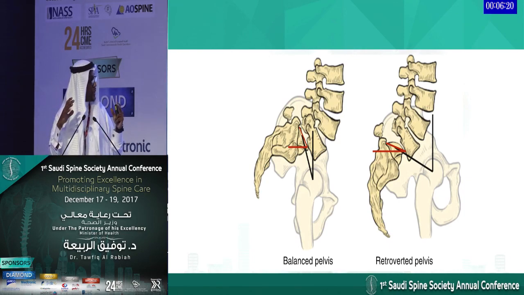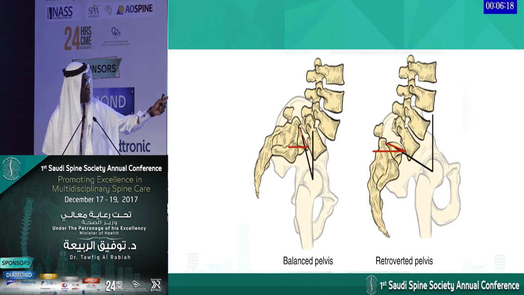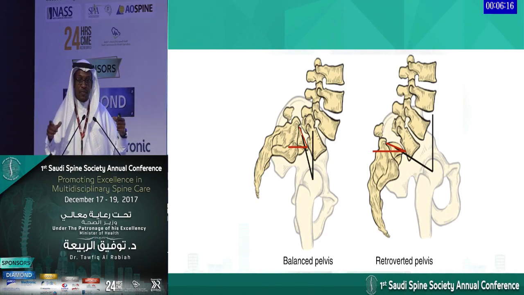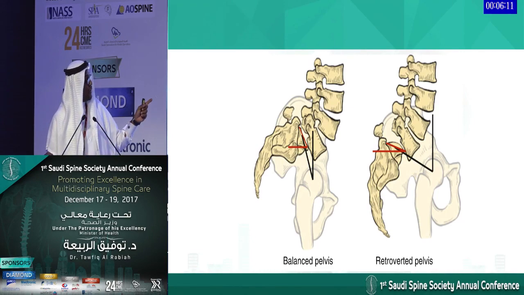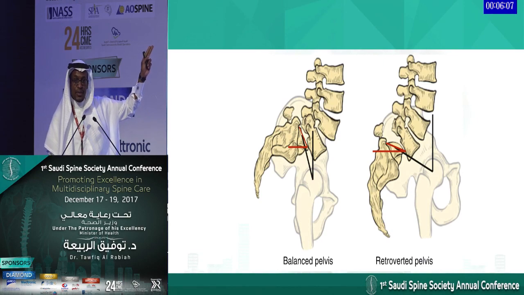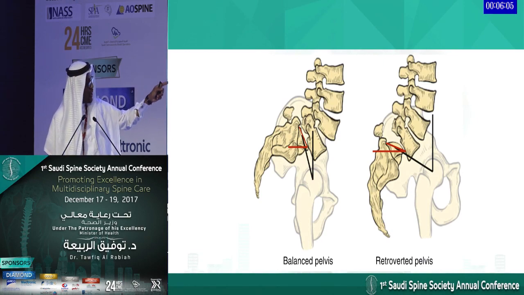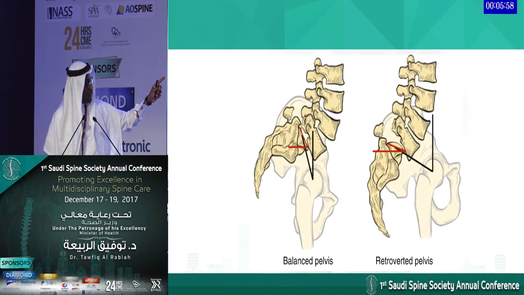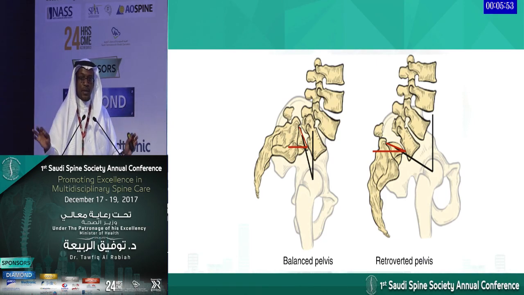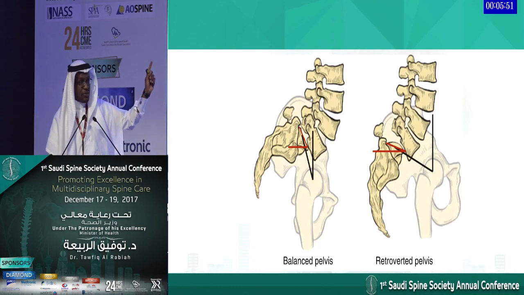Another type of patients have a retroverted pelvis: basically a vertical sacrum with a low sacral slope. They then looked at the C7 plumb line in relationship to the abnormality at the lumbosacral junction. In this subset, that line could fall between the femoral head and the center of the sacrum, and then we call it a balanced spine. Or it could fall in front of the femoral head, and we call it an unbalanced spine.